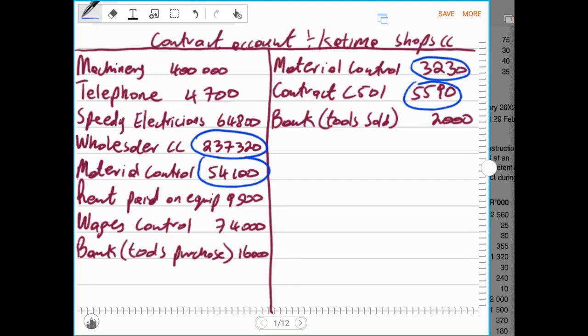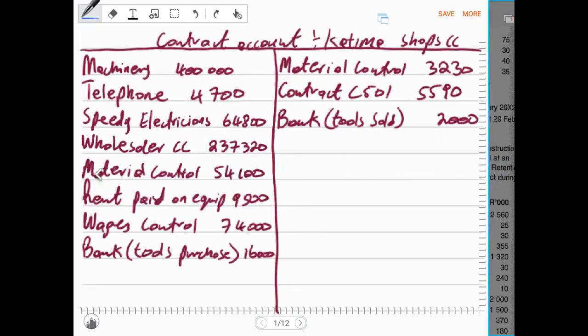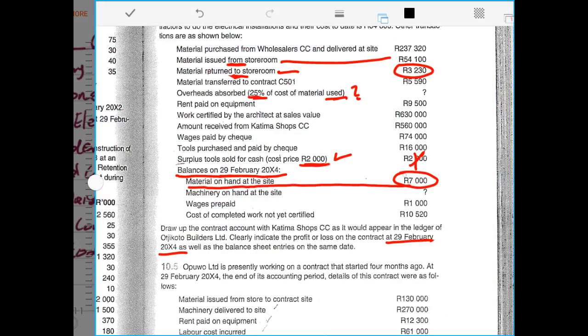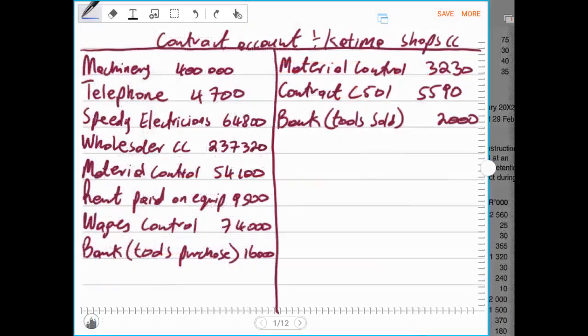So now after all this has been taken into account, there was still material that was left on the site for this contract. So now that material which was left is the one that they tell us is worth an amount of 7,000 rands. And here is this material, the closing balance by the end of the period, which is the value of the material by the end of the accounting period. So now we have to record all these as balances.